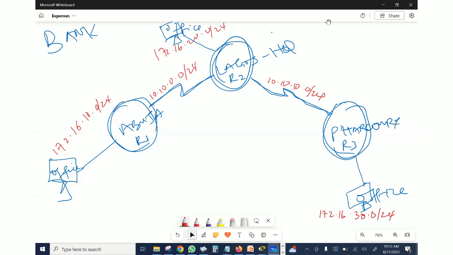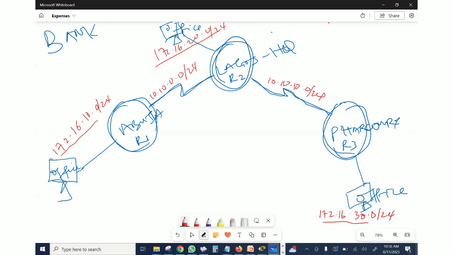So we have people in the Abuja office using 172.16.10.0/24 network. People in the Lagos office, which is the headquarters, are using 172.16.20.0/24, and people in the Port Harcourt office are using 172.16.30.0/24.